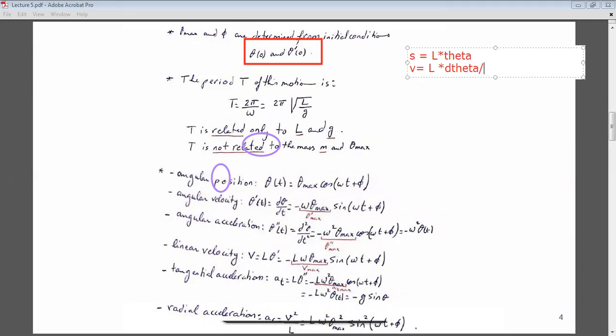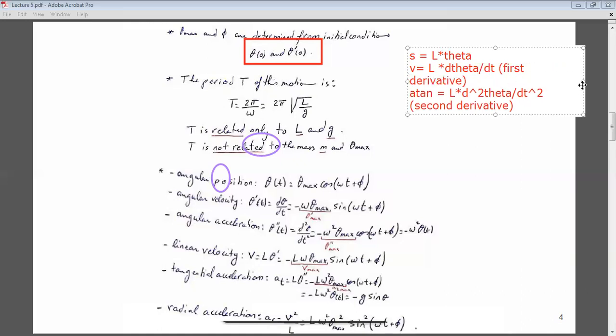And A tangential, the tangential acceleration, is equal to L times d2 theta by dt squared. That is the second derivative. V is the first derivative. Anyway, we'll get to this in a minute.